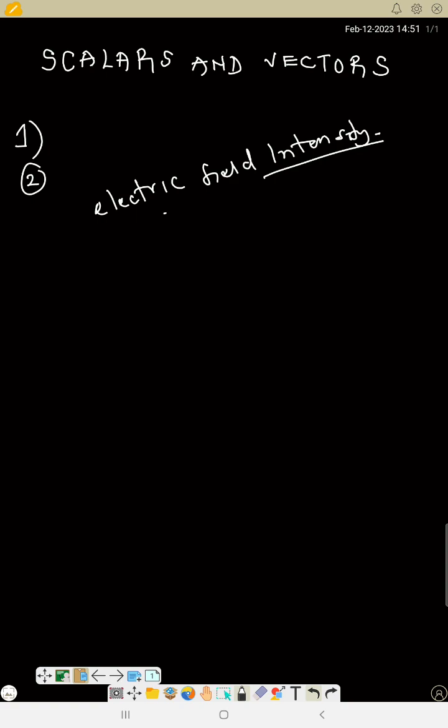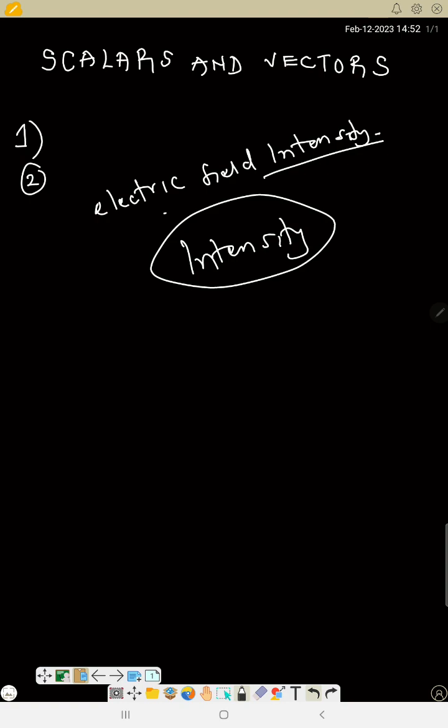Remember, gravitational field intensity is a vector, but gravitational field potential is scalar. So all field intensities are vectors, all field potentials are scalar. Electric field potential is also scalar, gravitational field potential is also scalar, but if I'm talking about intensity, then it's a vector. Please take notes.